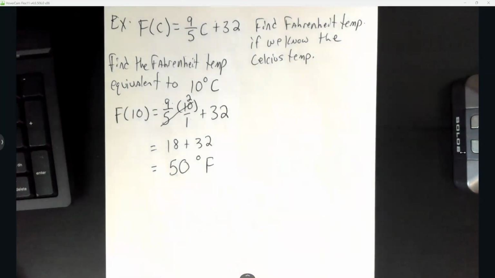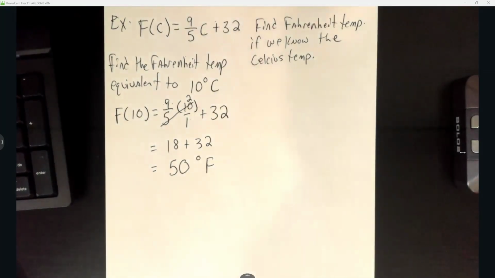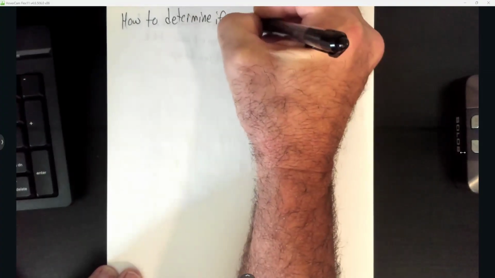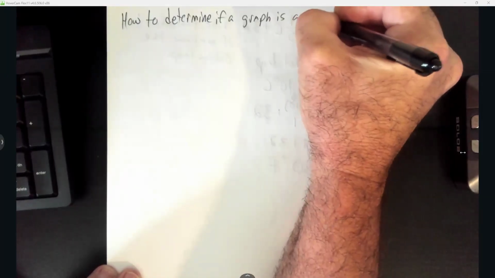Alrighty. So we looked at the correspondence earlier when we said the x's could only have one y value and all that fun stuff. So we got another way that we check if a graph is a function. So how to determine if a graph is a function.